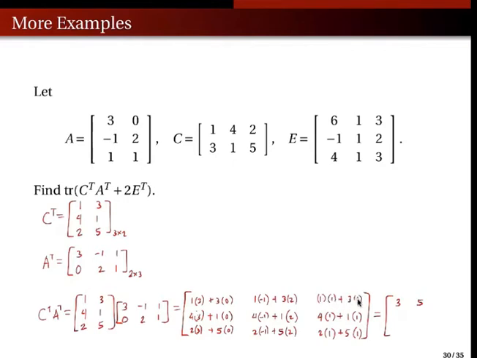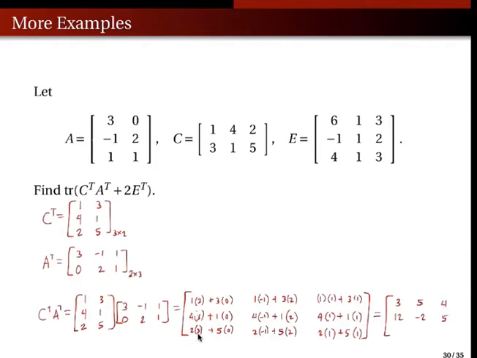So 1 plus 3, that's 4. Here you have 4 times 3 plus 1 times 0. So that's 12. Here 4 times negative 1 plus 1 times 2. That's negative 2. Kindly check my arithmetic here. And then here you have 4 times 1 plus 1 times 1. You have 5.